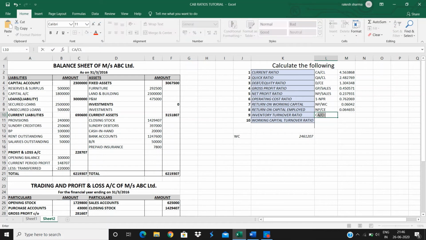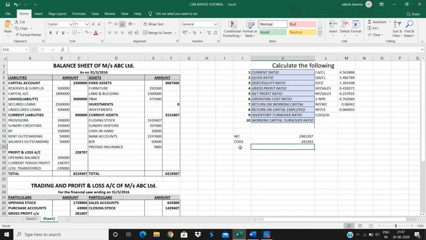Now inventory turnover ratio. It is cost of goods sold divided by average inventory. So we'll have to calculate both of them first. Cost of goods sold is opening stock plus purchases minus closing stock. So opening stock plus purchases minus closing stock and enter.